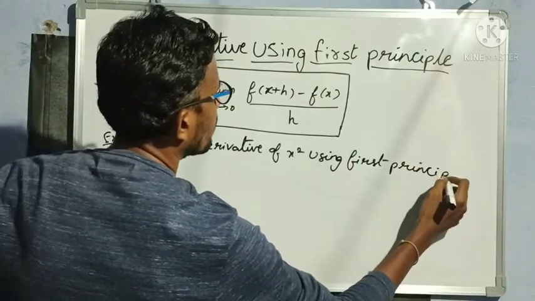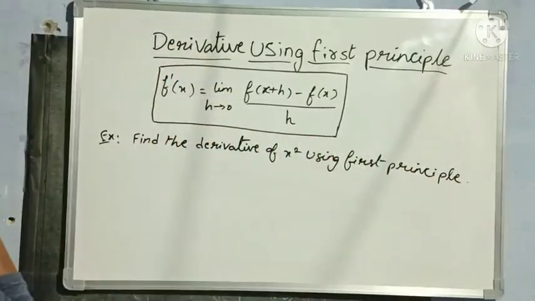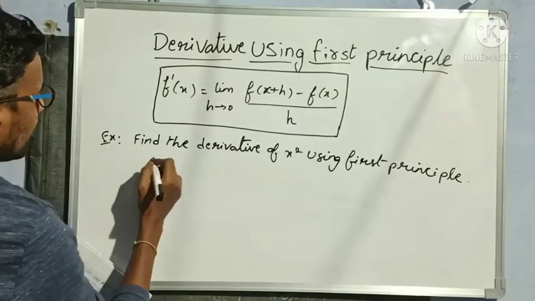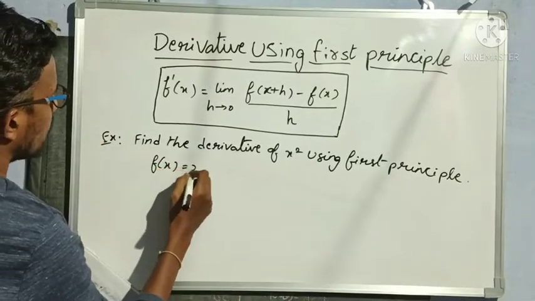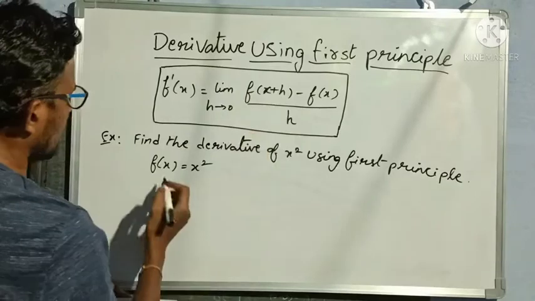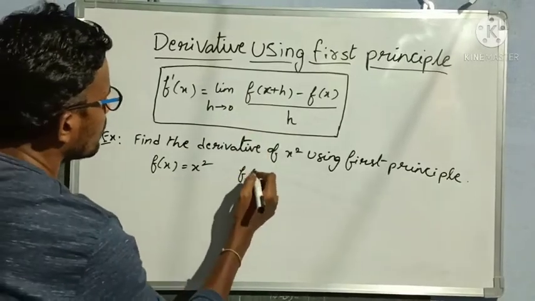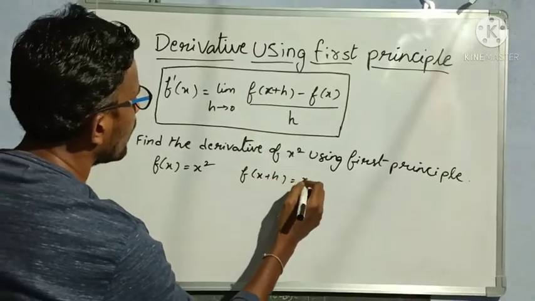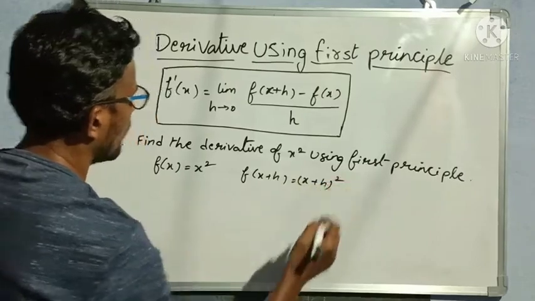How to find out? First let us take x square as f of x. I am taking f of x is equal to x square. Now if I want f of x plus h, in the place of x what should I write? x plus h. So f of x plus h is equal to x plus h whole square.